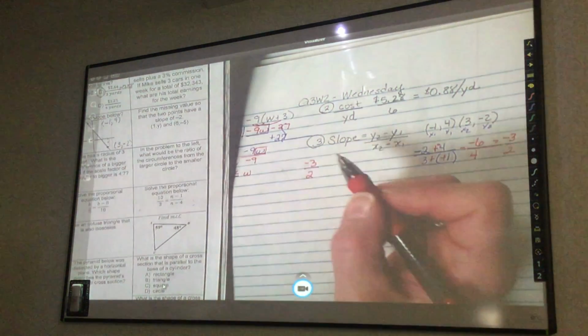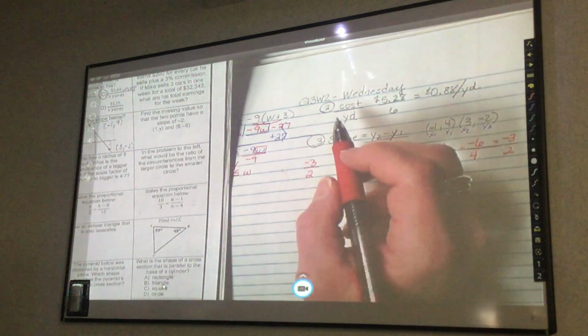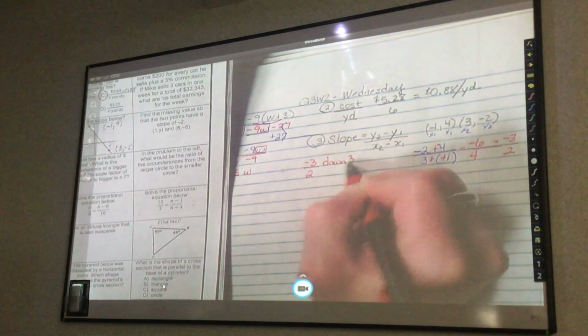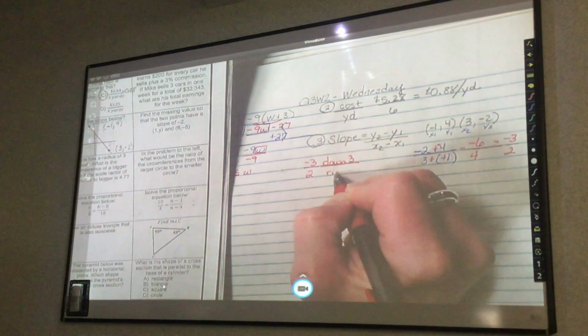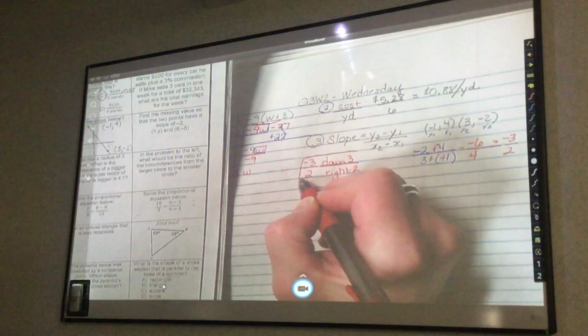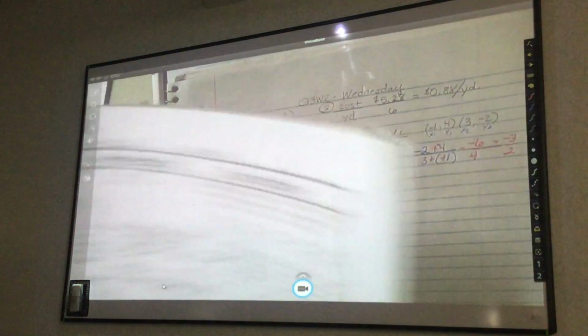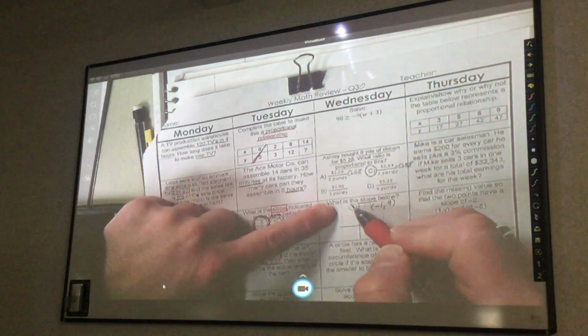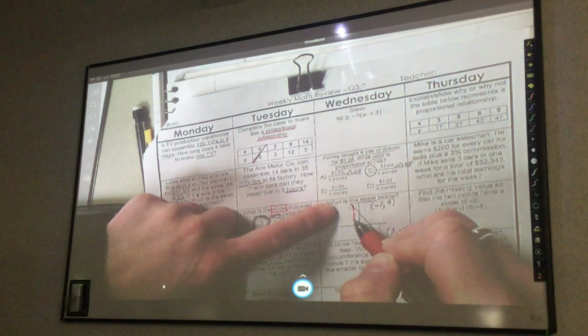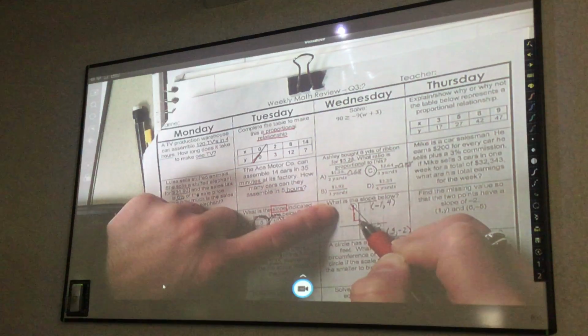What does the negative 3 mean? It means down 3, and then right 2. So if I look at my line here, down 3, so I go 1, 2, 3, and then right 2, 1, 2.